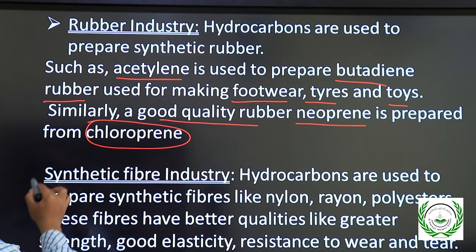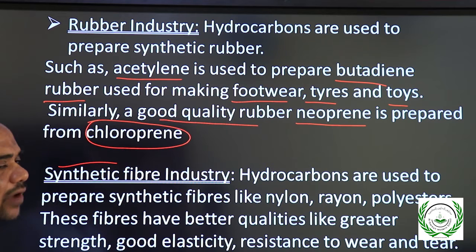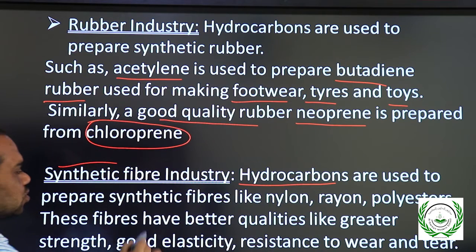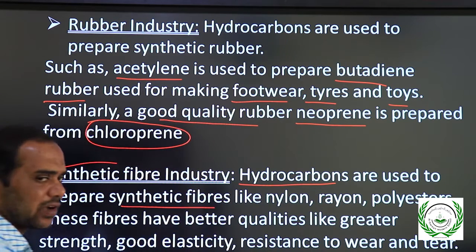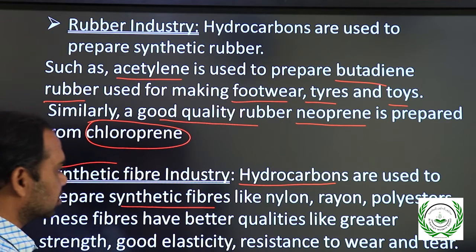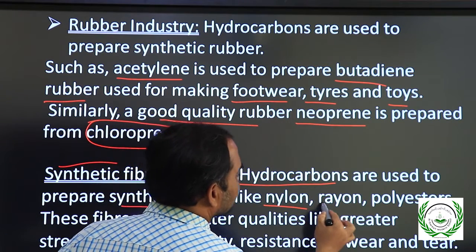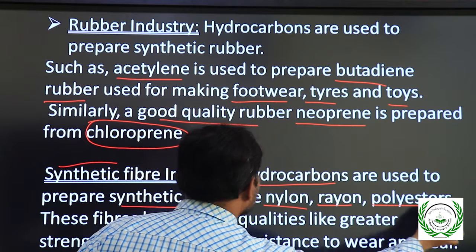Next, the synthetic fiber industry, fibers which are artificial. Here also hydrocarbons play a major role. Generally fibers we get from plant products are natural, and here the artificial fibers are nylon, rayon, polyesters.